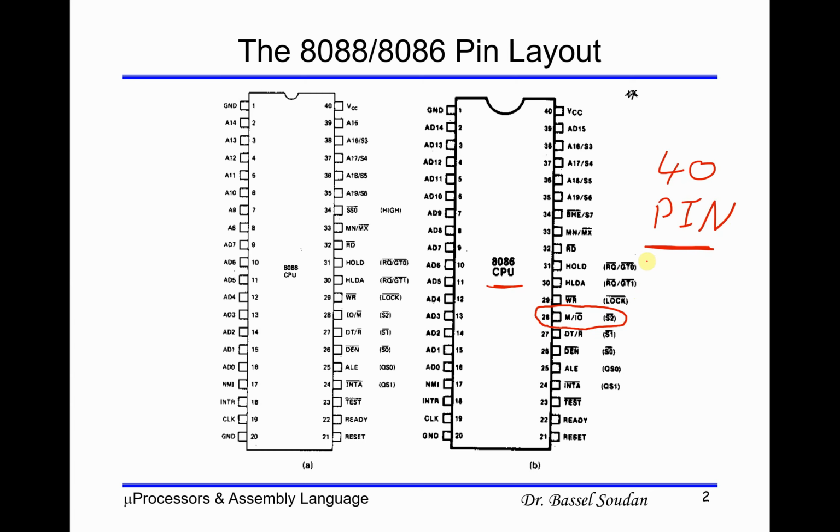So with the same number of pins, we need the microprocessor to be able to interface with different devices. That's why the pins labeled AD are used for both the data and the address.